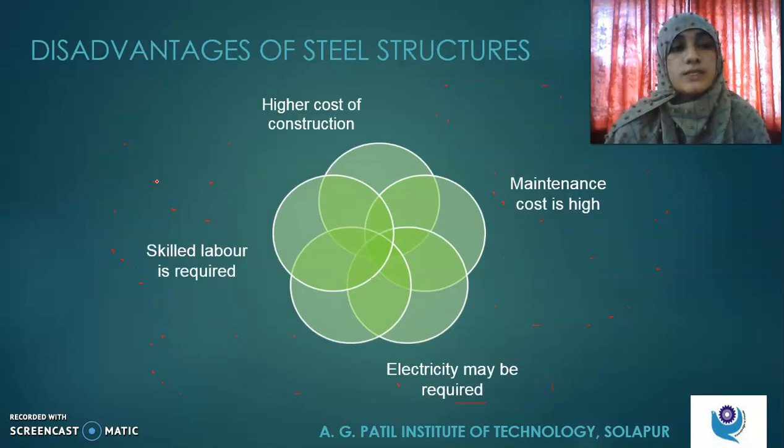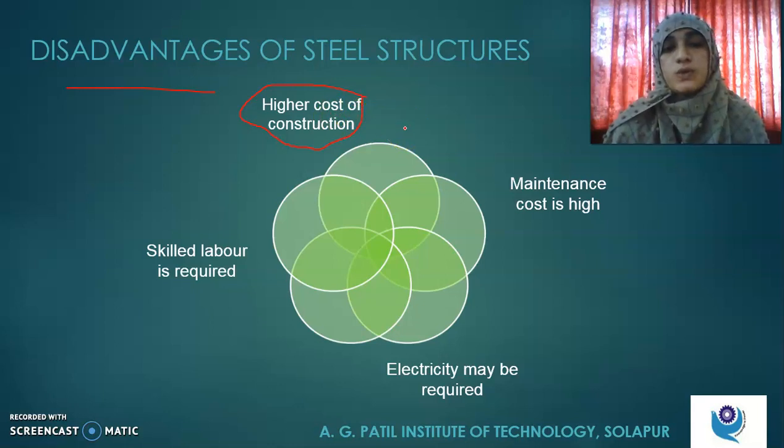Now we'll discuss the disadvantages of steel structure. First disadvantage is higher cost of construction. Basically, cost of steel material is quite high, therefore cost of construction is more for steel structure. Next, one of the disadvantages of steel structure is maintenance cost is high.